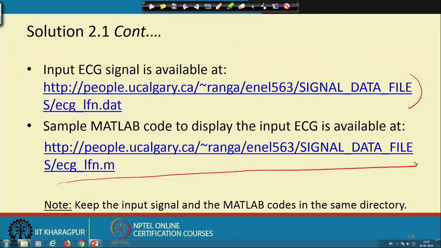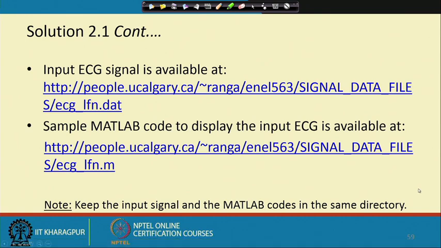Again, we need to keep in mind that we need to put the signal as well as the MATLAB file in the working directory of MATLAB. So, these are the preconditions. After setting it up, we are in a position to start the exercise.